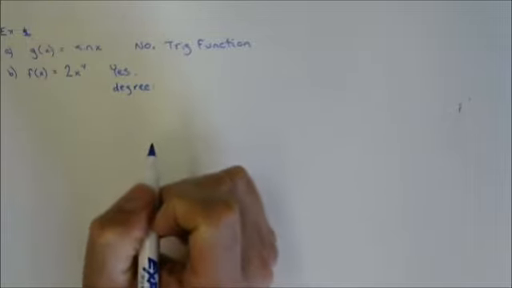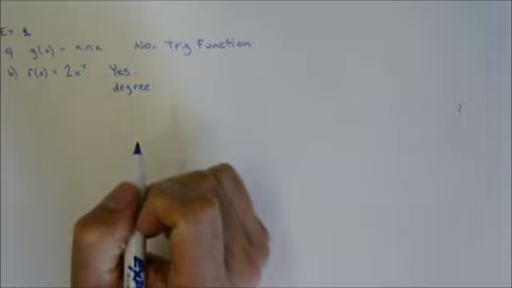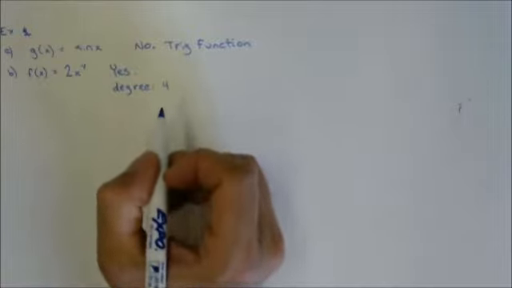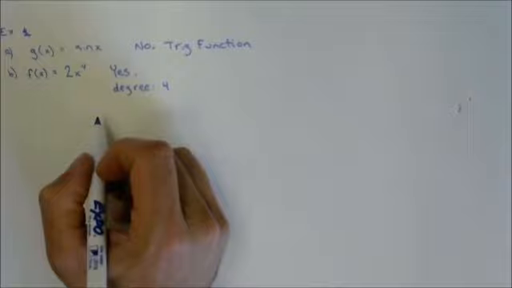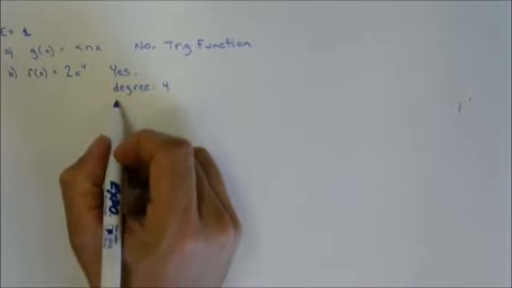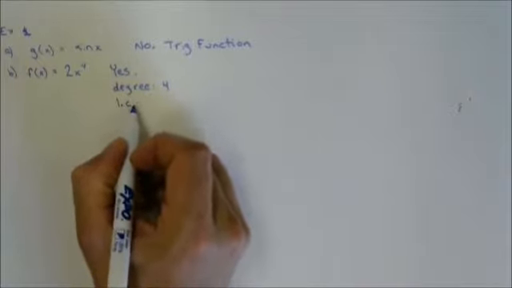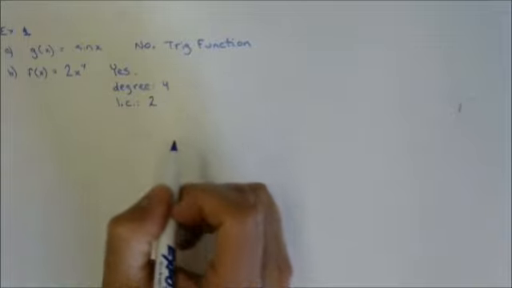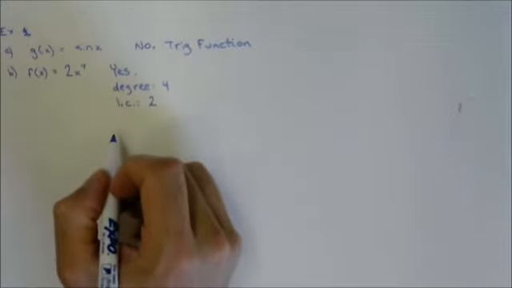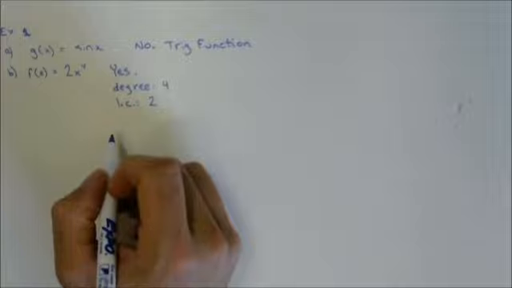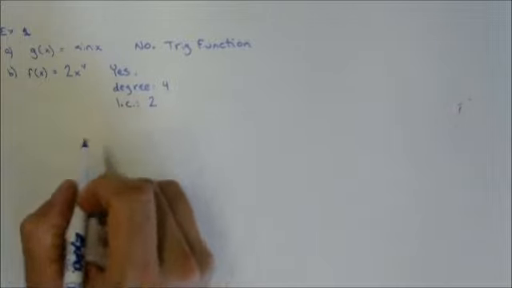So the degree is the exponent. So we have a degree 4. Then we get to state the leading coefficient, LC, which is 2. So it's going to be like a stretch, right? And that's it. That was easy.